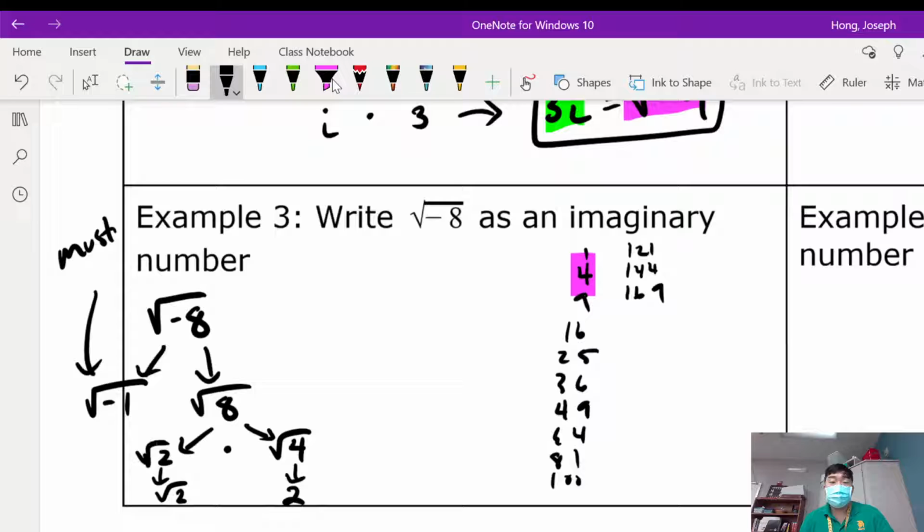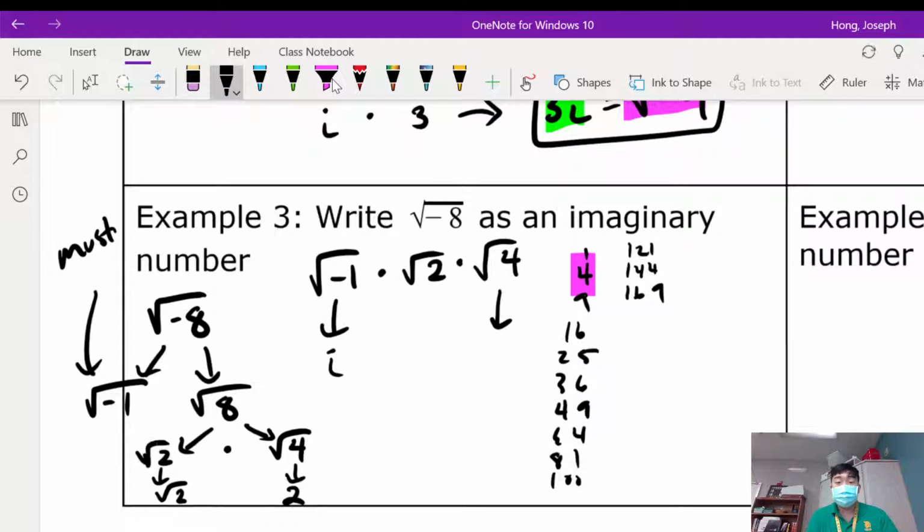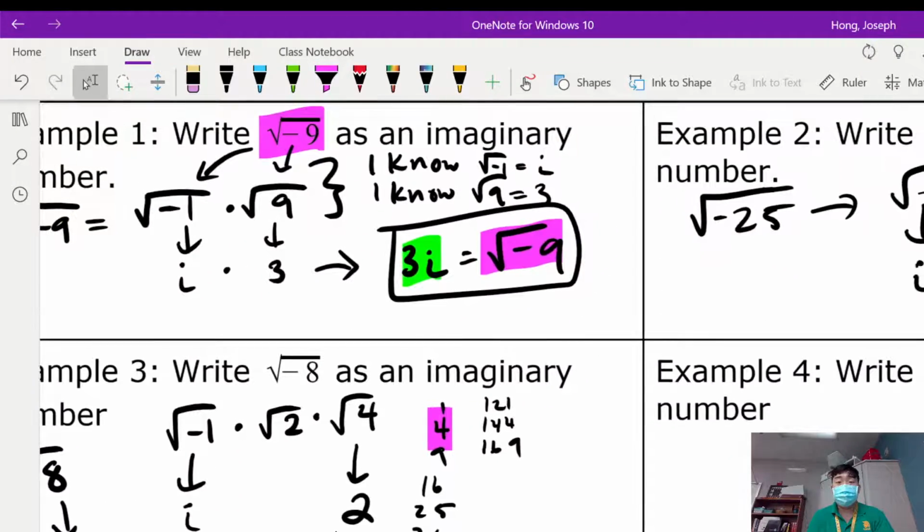So I'm going to rewrite this now because it's kind of messy. It becomes the square root of -1, the square root of 2, and the square root of 4. We know that the square root of -1 turns into i, and I know that the square root of 4 turns into a regular 2 without the square root. Very similar to what happened up here.